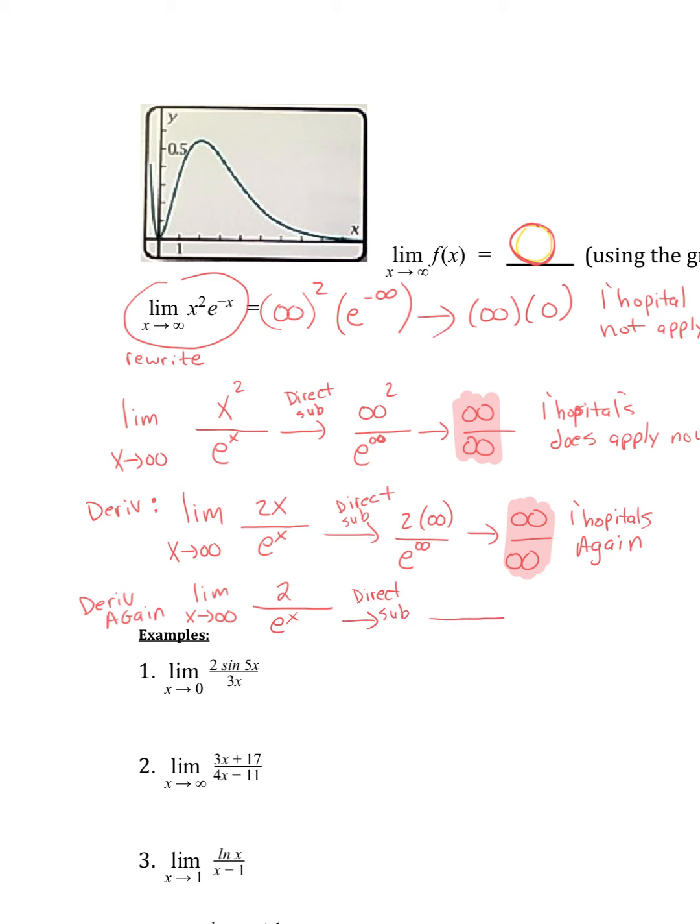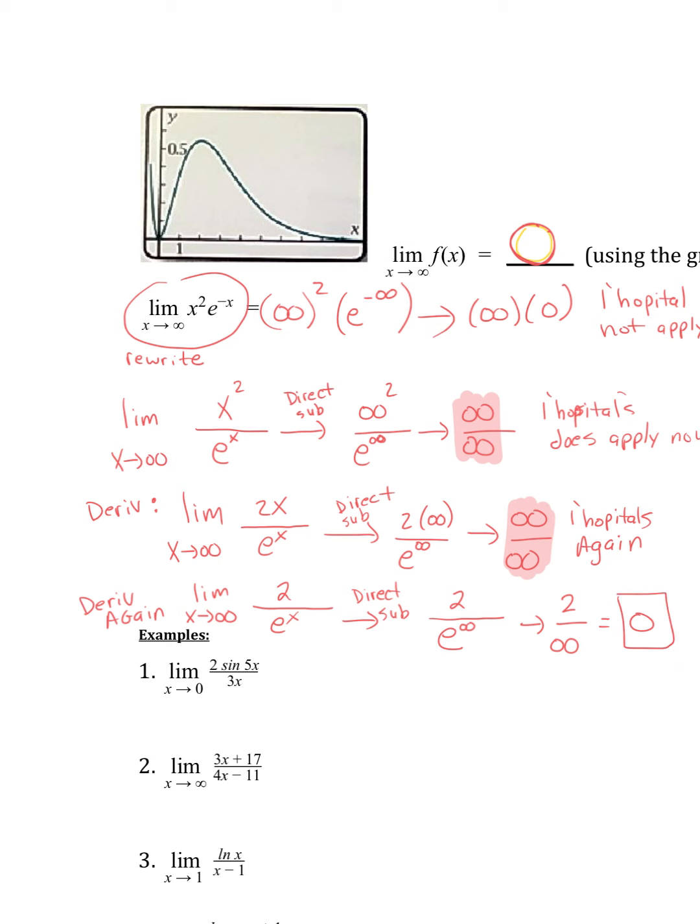Now I do direct substitution with those derivatives. So I have 2 in the numerator. On the bottom, if I take e and raise it to a really big number, infinity, I get a really, really big number. And if I take 2 and divide it by a really, really big number, I'm going to get 0.